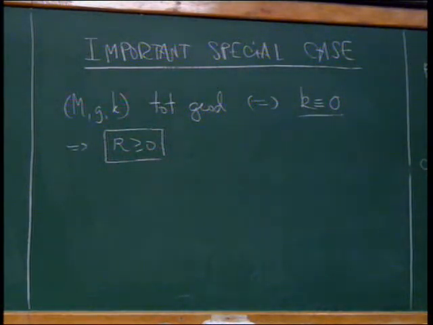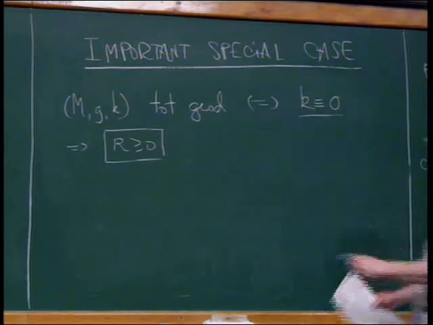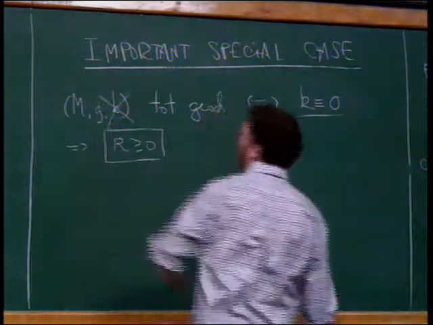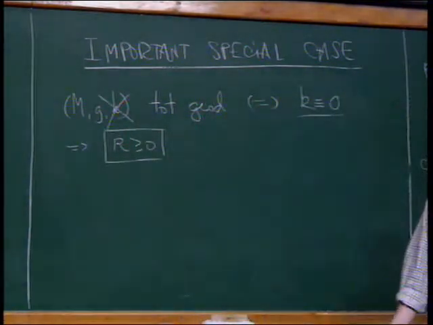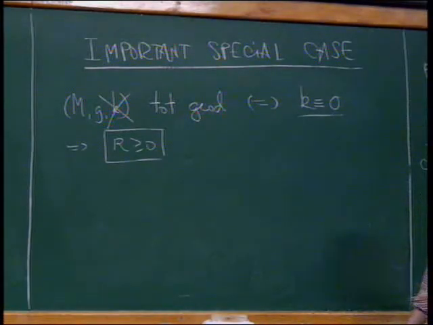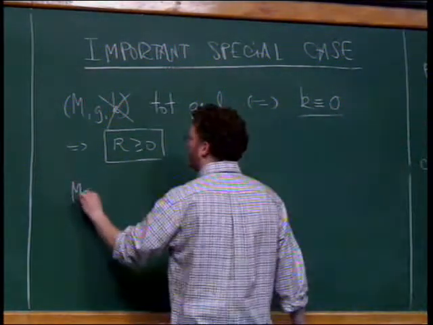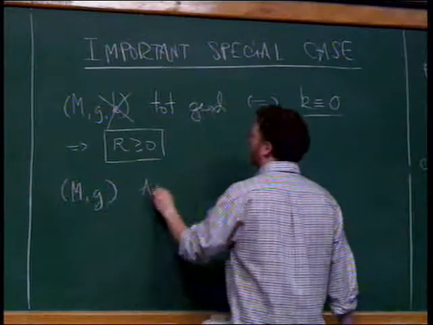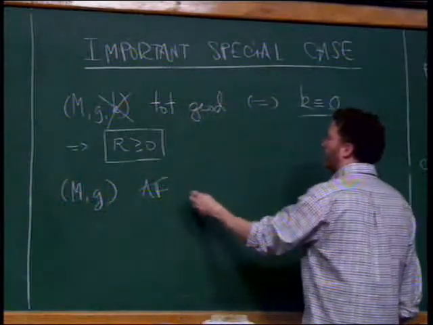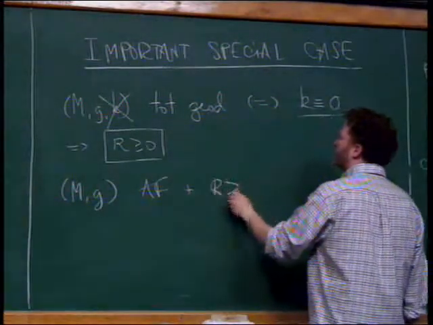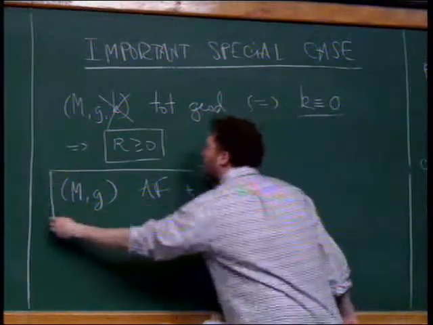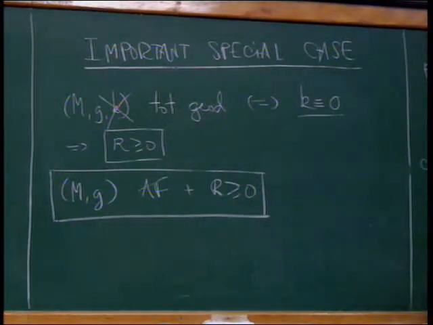So basically now, K has vanished, and now we're in the more familiar realm, for some of us at least, of (M, g) being an asymptotically flat manifold with non-negative scalar curvature. So this is a whole industry, let's say. That's how you get there.